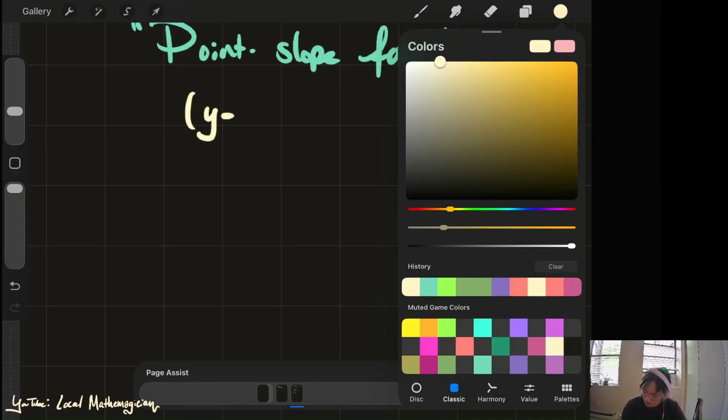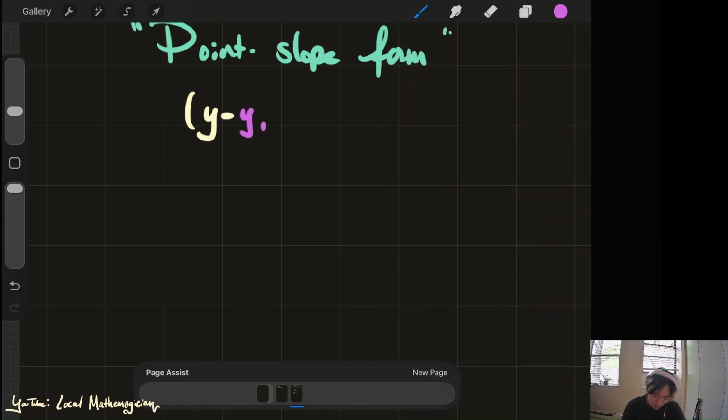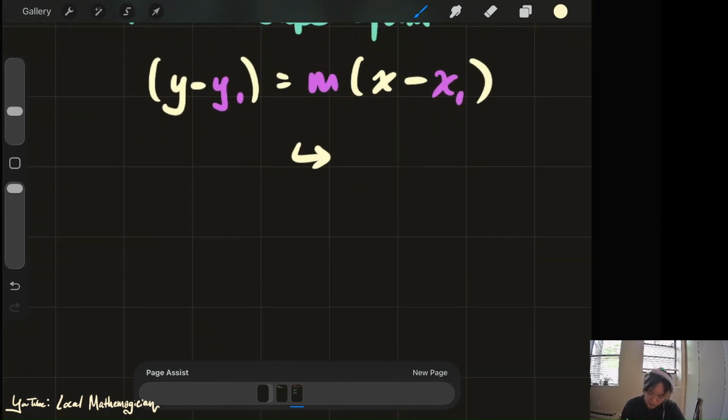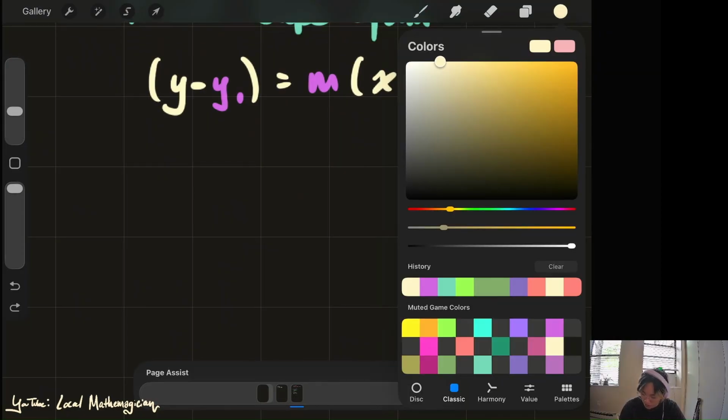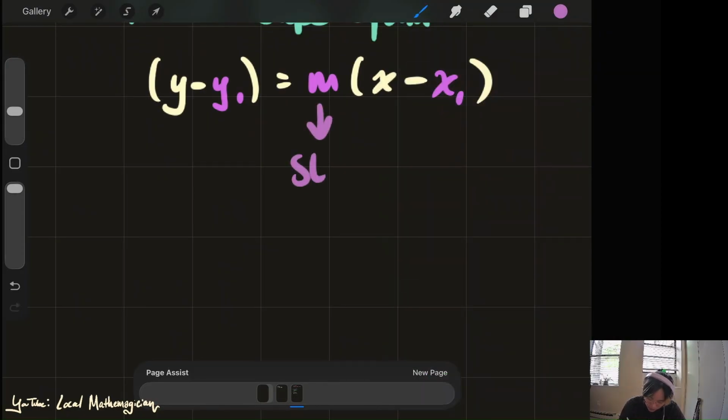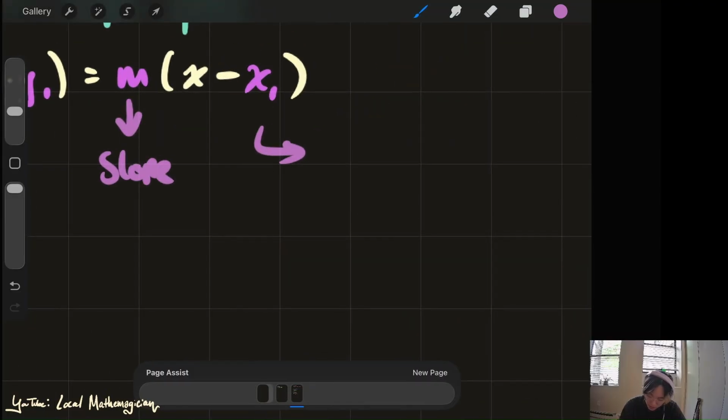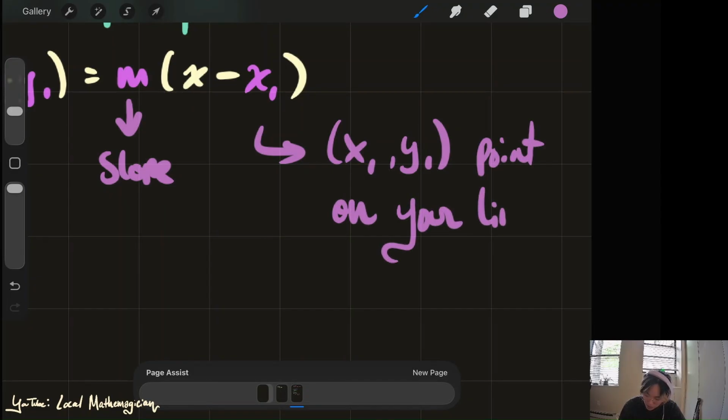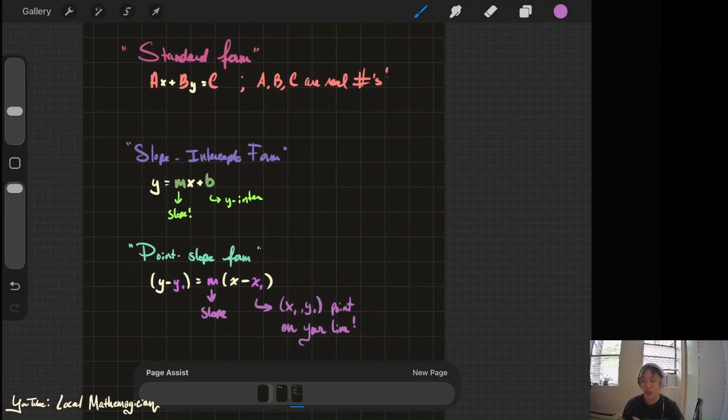Where m is your slope, and (x1, y1) is a point on your line. Okay? So these are the three forms.